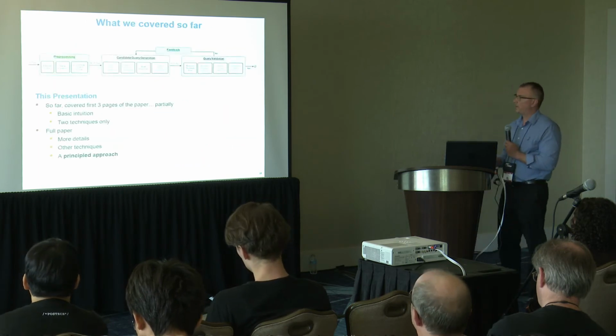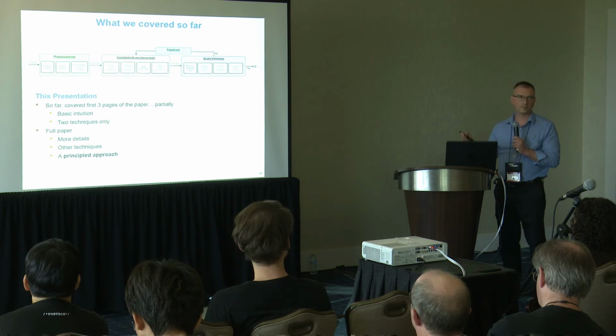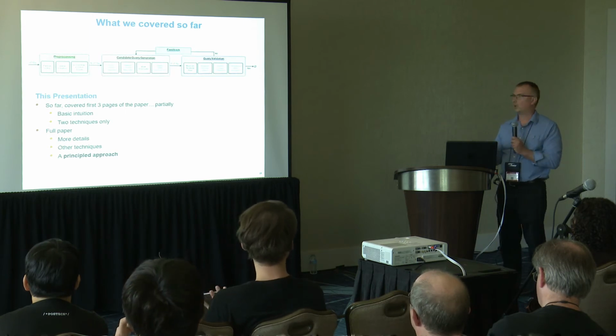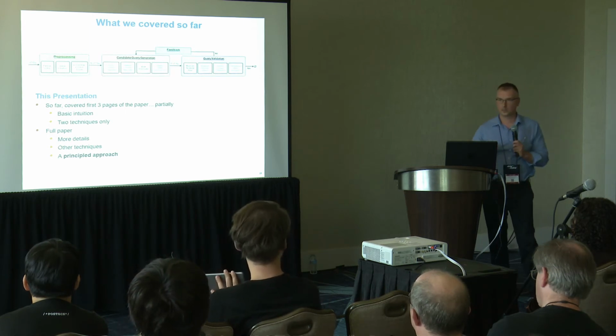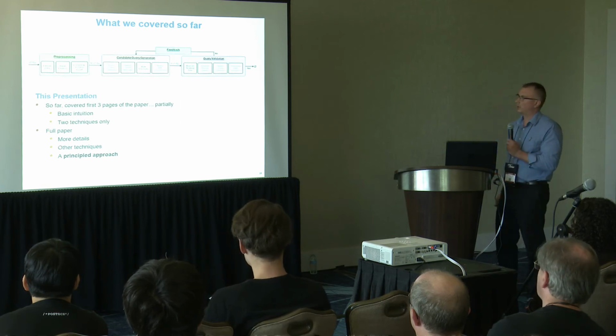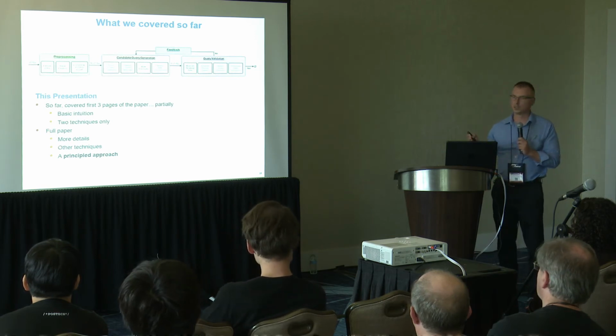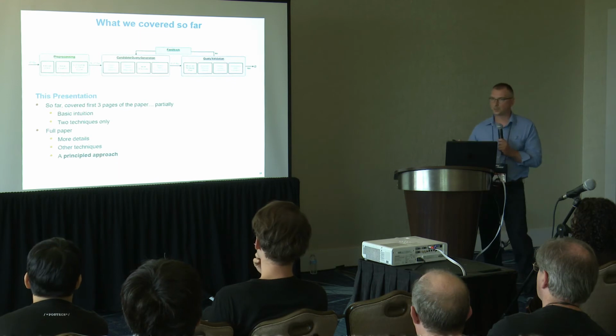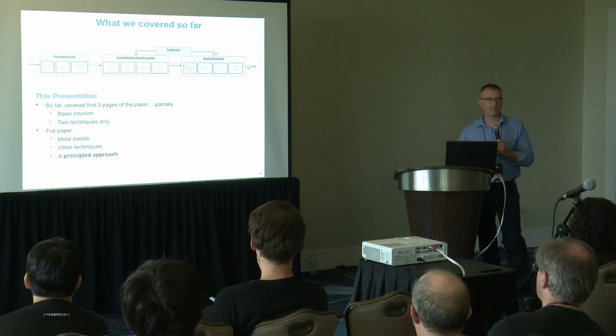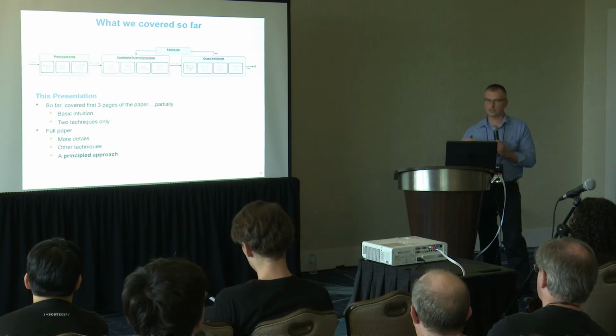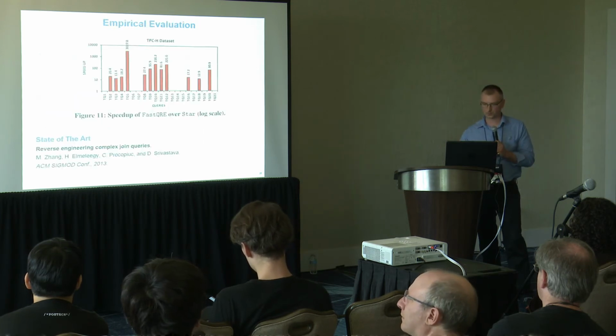So far, I have covered the first 3 pages of our paper. I just presented the basic intuition, and I covered only 2 techniques. The paper obviously contains much more information. It also covers different techniques, and it presents a principled approach that combines those techniques into a single solution.